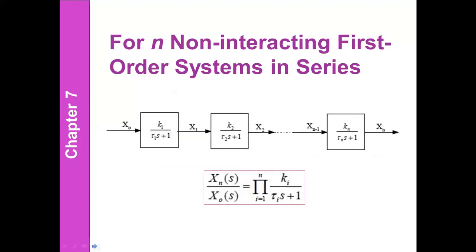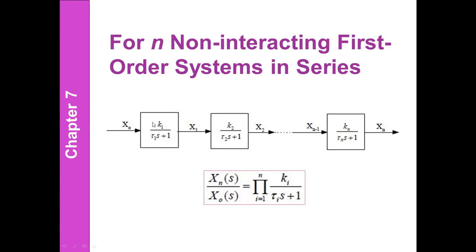Now, if we have several tanks in series, since we have only 2 here in the illustration, let me go to that particular slide. So it would be something like this. This is how we simply illustrate several tanks having a non-interacting relationship between them. You are going to multiply the transfer functions of each tank.